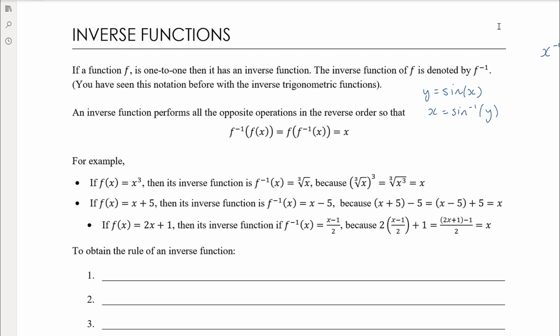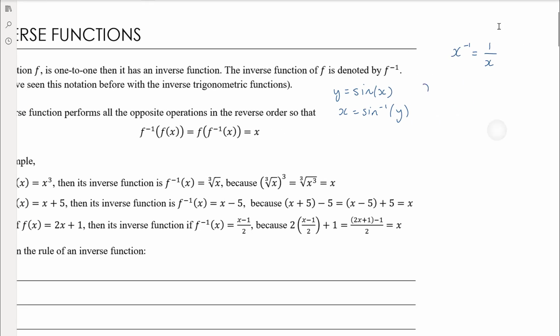So an inverse function performs the opposite operations in the reverse order. What we're essentially saying is that if f of x is sine of x, then the inverse function of that is inverse sine of x. The idea is that they do the opposite operation, so they sort of undo each other.